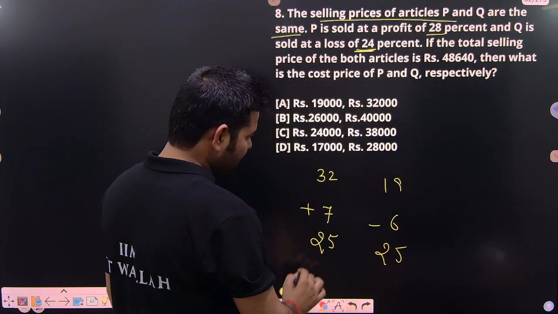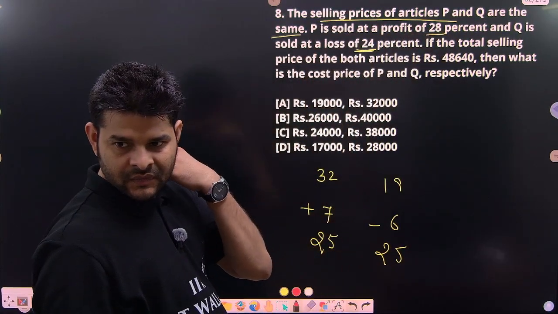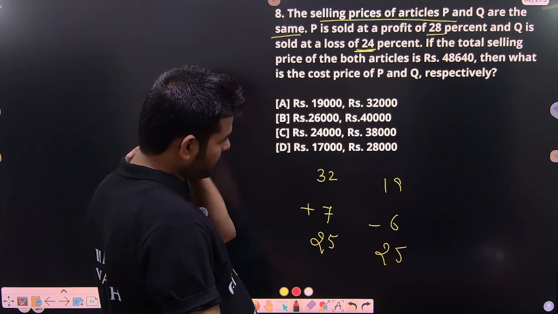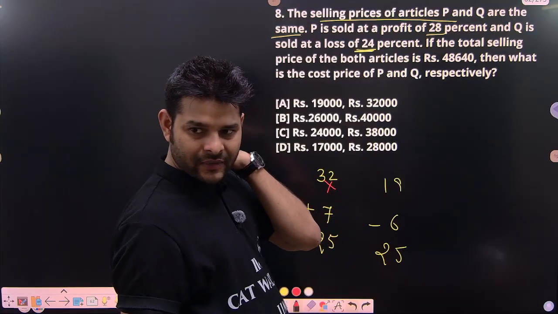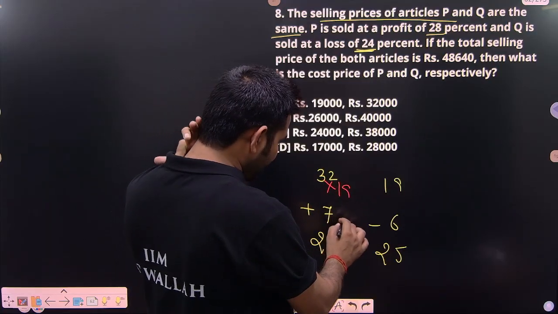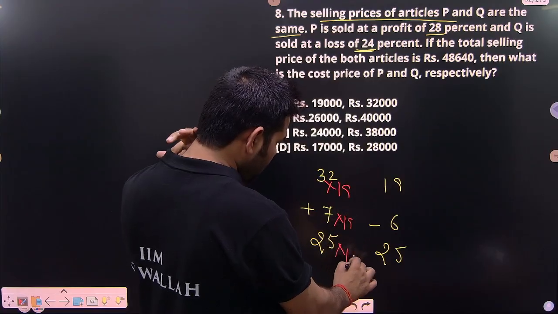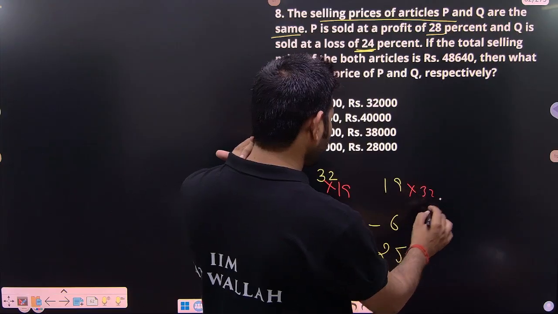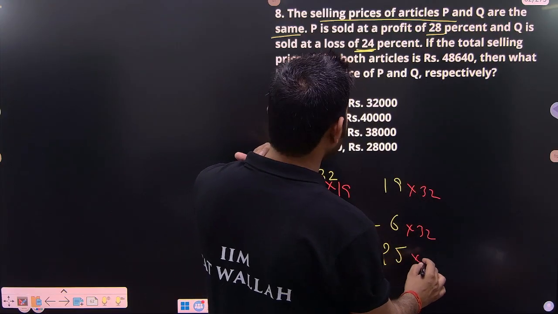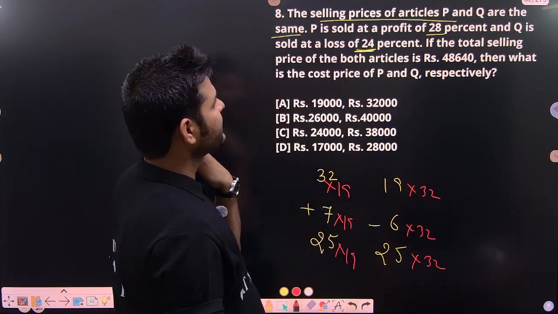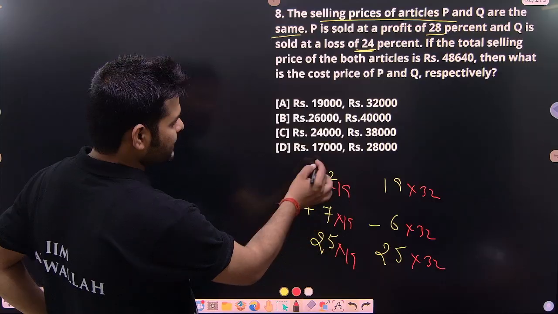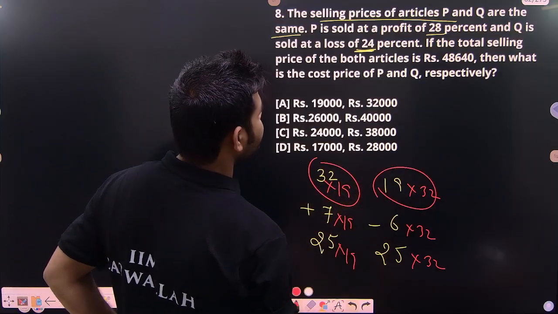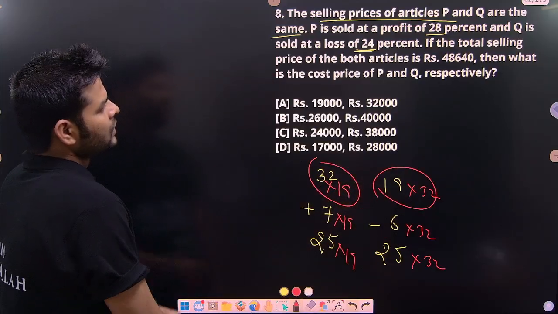Now we have already been given that the selling price of both the articles is the same, so you need to make them the same. There is no common value, so you need to multiply by 19 here, and over here you need to multiply 32. The condition says the total selling price of both the articles is this one.